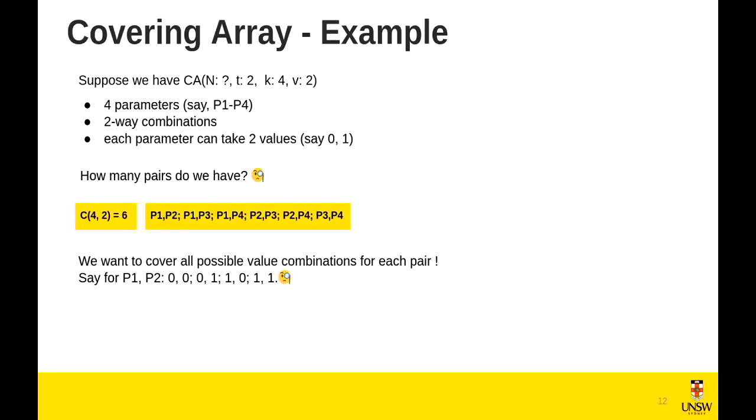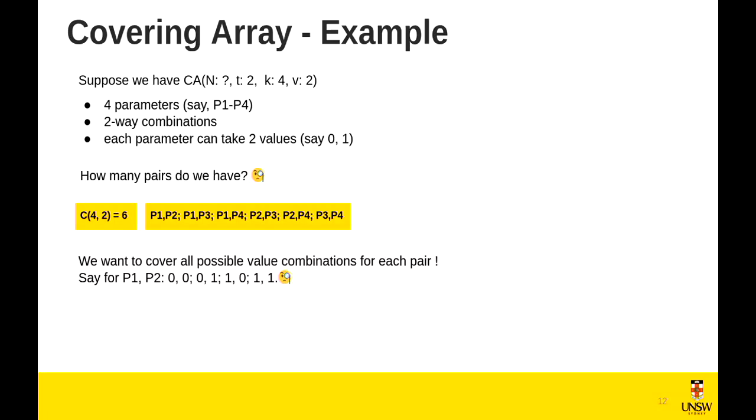And what we want is to cover all the possible value combinations for each pair. So for P1 and P2, we have 0, 0, 0, 1, 1, 0, and 1, 1, right?